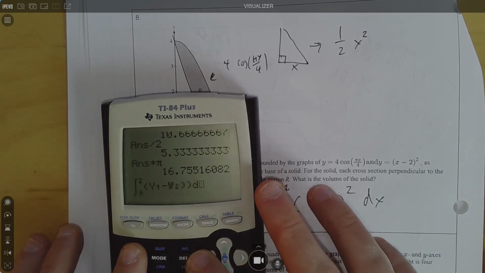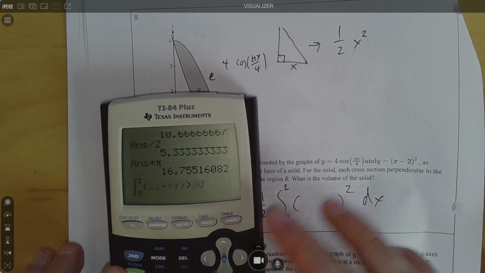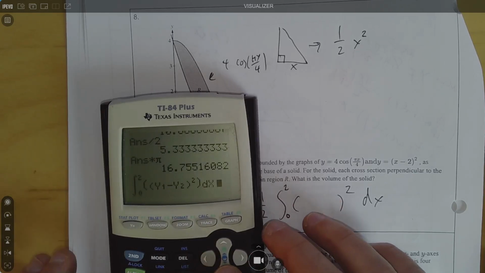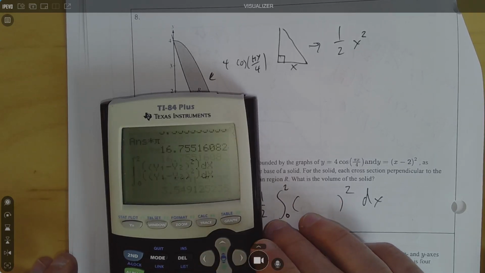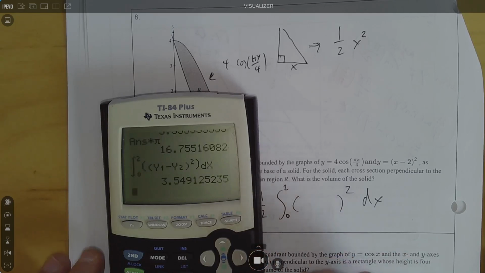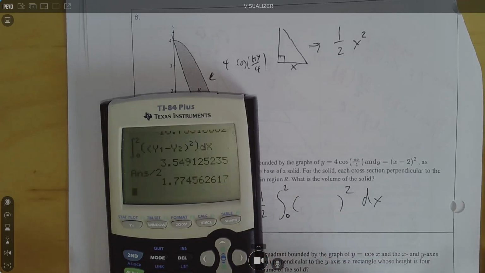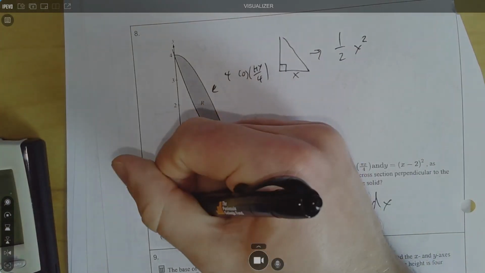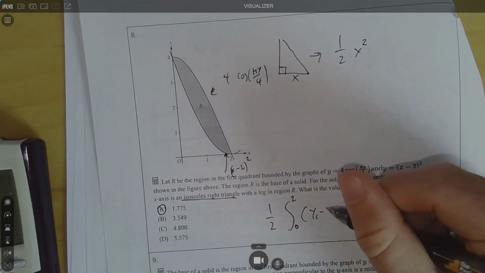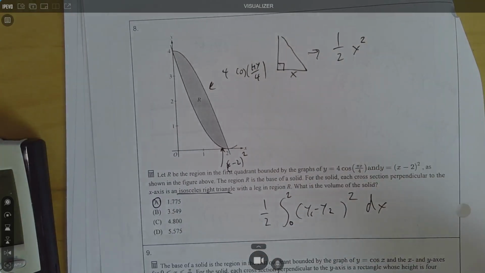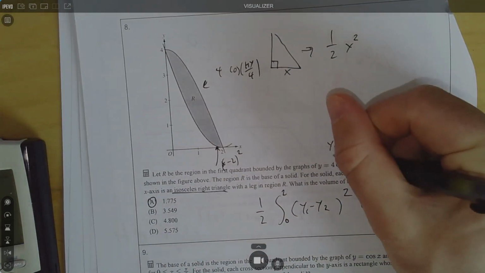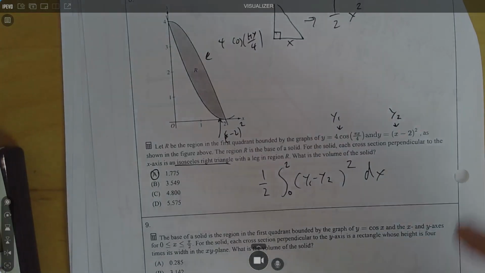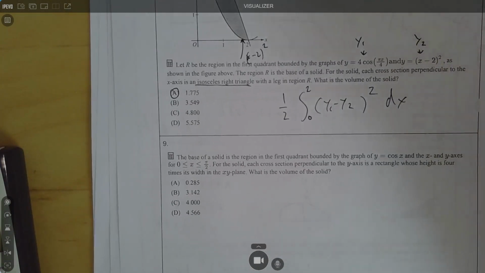Let's put that in parentheses and square it, dx. Then divide that by 2. 1.775. It's A. Okay, got it. I made that one y1. I made that one y2. Always positive answers, right? Always positive answers.